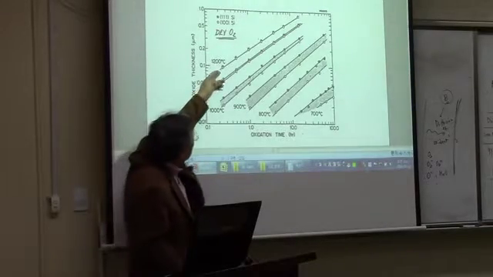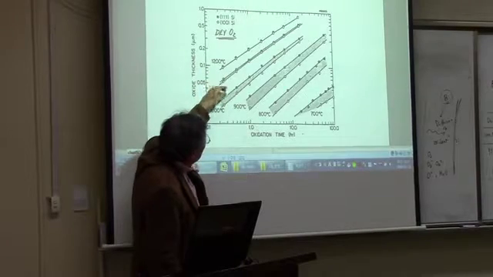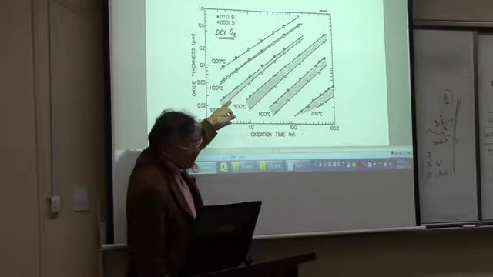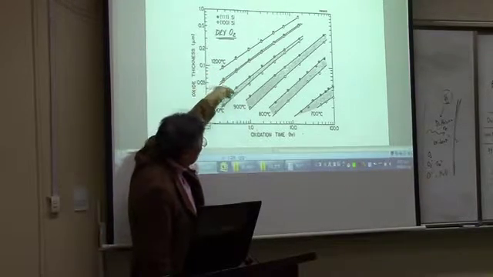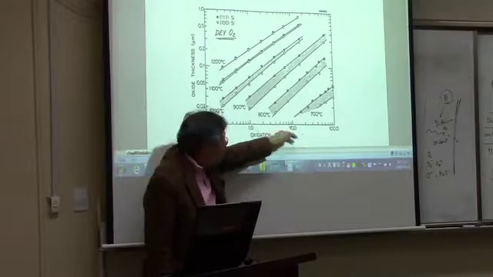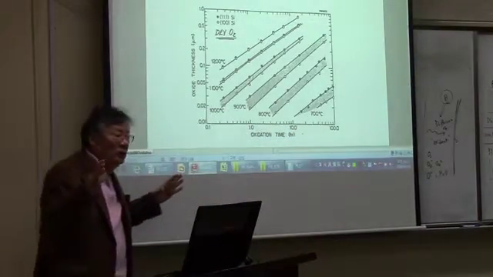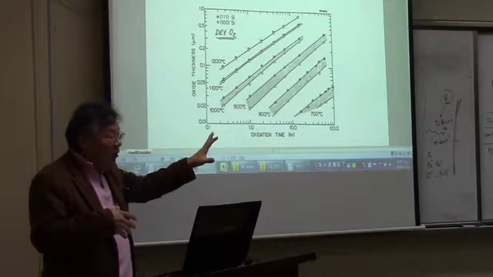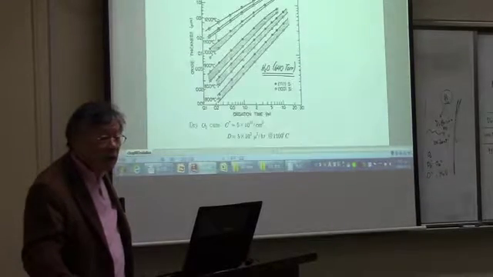So at the high temperature, the difference in oxidation rate along the different crystallographic directions is not that significant. But as you go down to the lower temperature, you can see there is much difference in the oxidation rate depending on the different crystallographic directions.